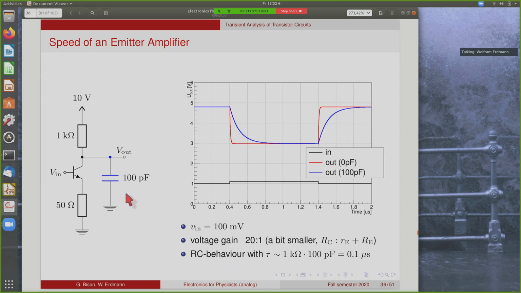Now, if we add a load to this output here, in this case 100 picofarads, you get to the blue curve, and now you see a clear RC behavior of this output, and the time constant is now given essentially by the value of the collector resistor and the load capacitance, so 0.1 microseconds in this case.